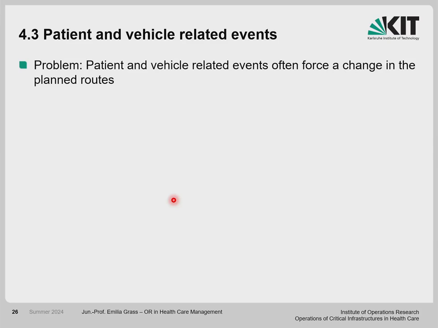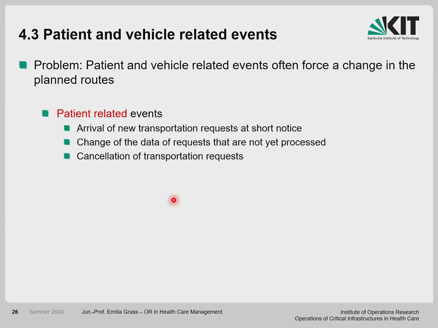First of all, the problem is that patient and vehicle-related events often force a change in the planned routes because, as some of you said, we have emergencies and urgent requests that also have to be included in the plan. We have patient-related events and fleet events. Patient-related events could be the arrival of new transportation requests at short notice that no one knew about beforehand.